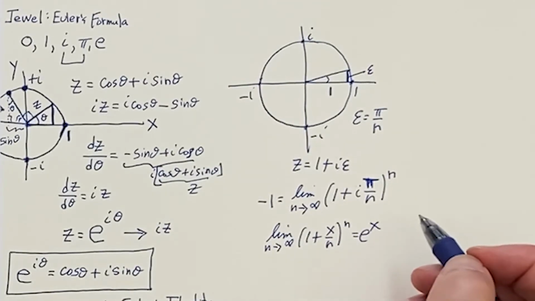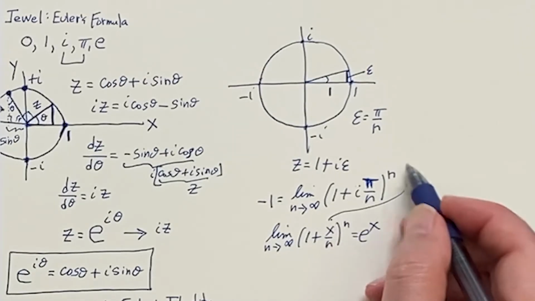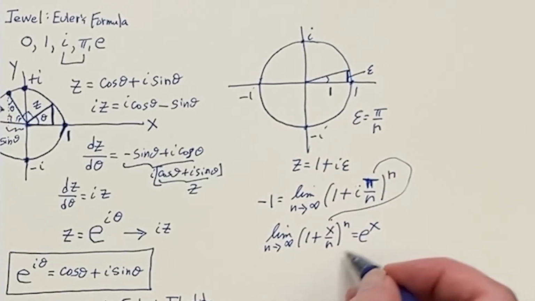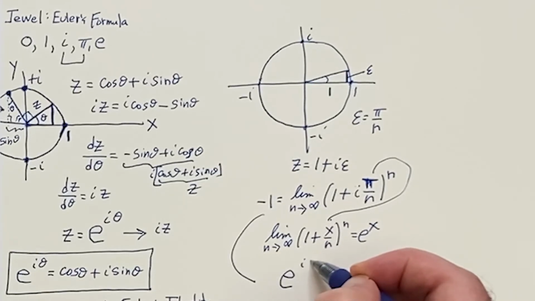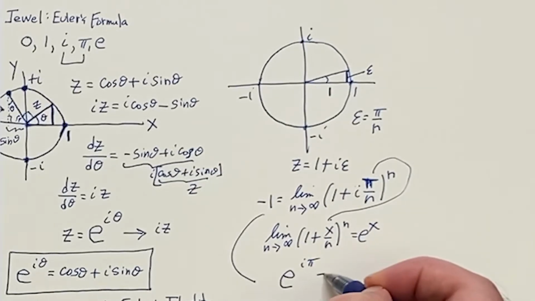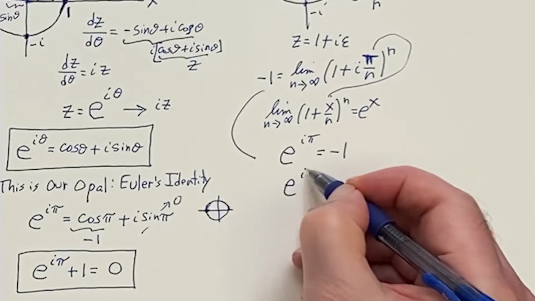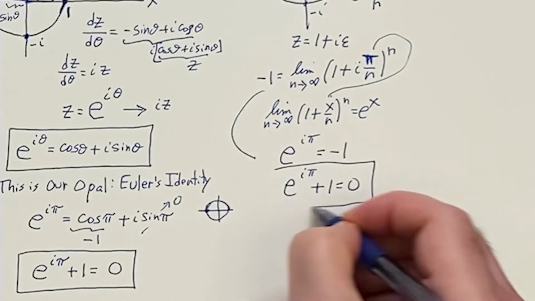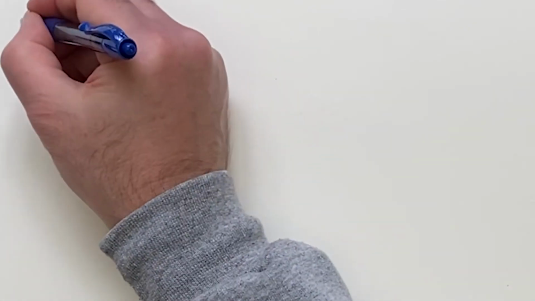So since the x is going to be i times pi, this is going to be e to the i pi, and that's going to equal -1. And this is another derivation of the result that we already know. Isn't that neat?